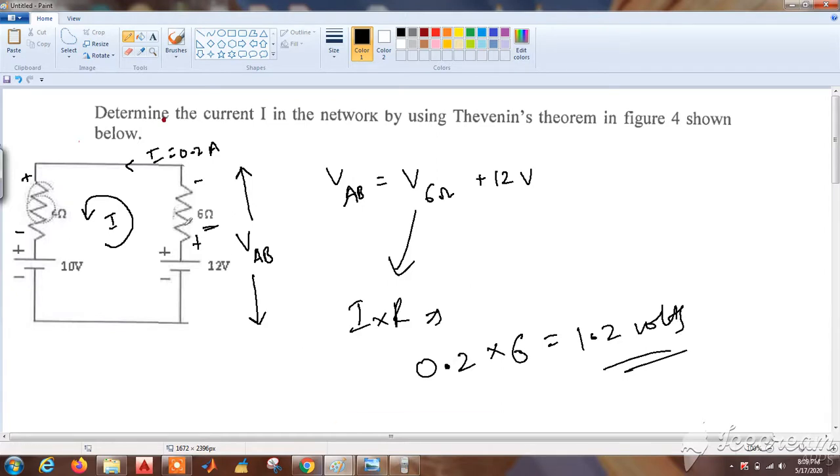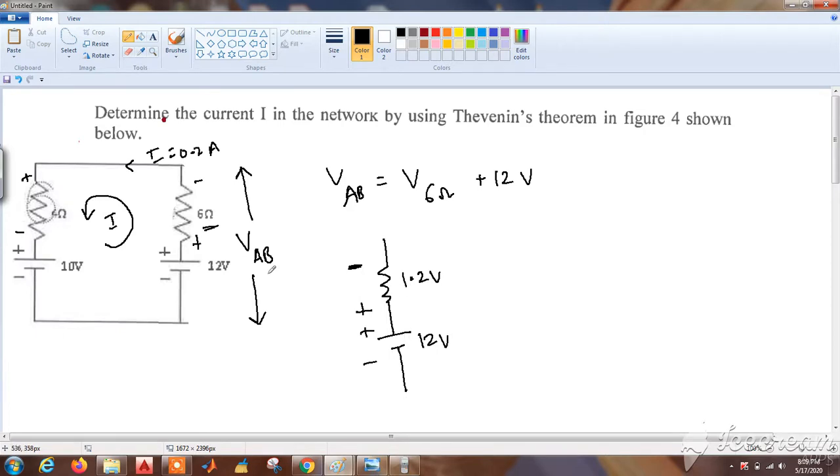6 ohms. 0.2 into 6, we are getting 1.2 volts. But please be careful with the signs of the battery or the plus and minus signs of the voltage source, I mean the voltage drop across the 6 ohms resistance. So we can see that across 6 ohms 1.2 volts are present and it is in series with the battery. So now you can see that the plus and minus signs are opposite to each other. That is, if it had been plus minus and plus minus, then addition would have taken place.